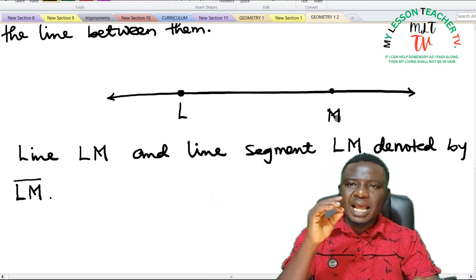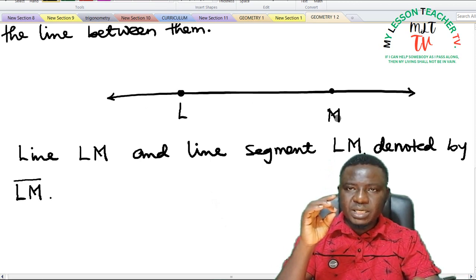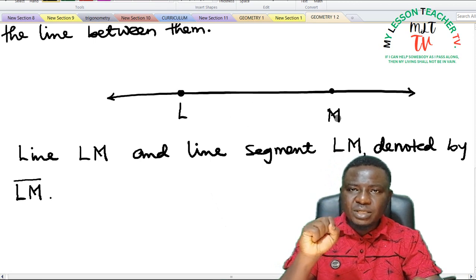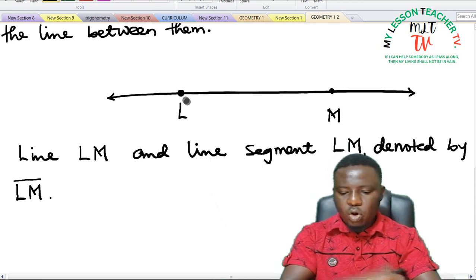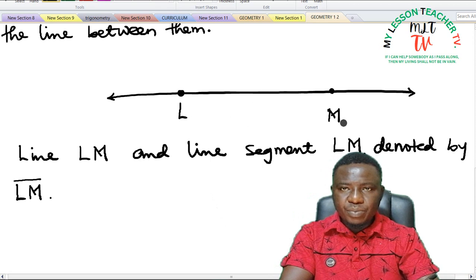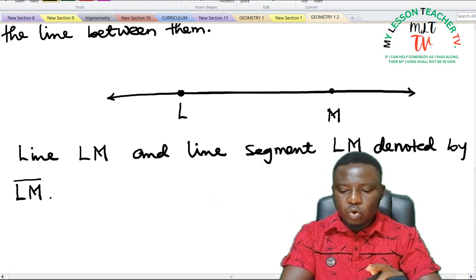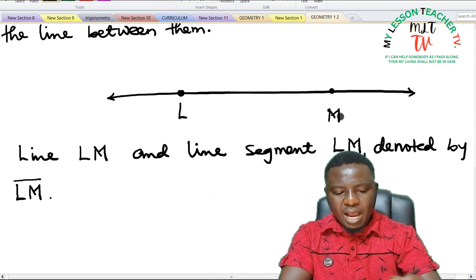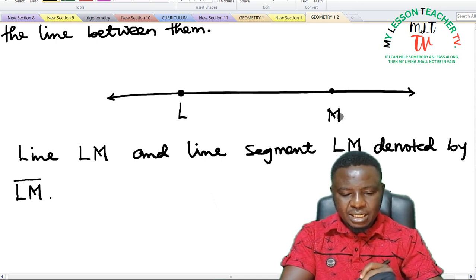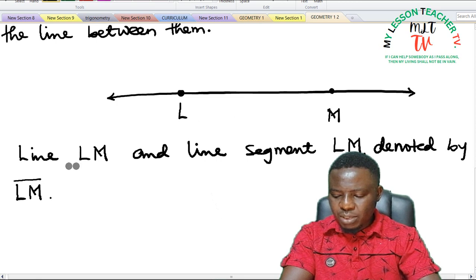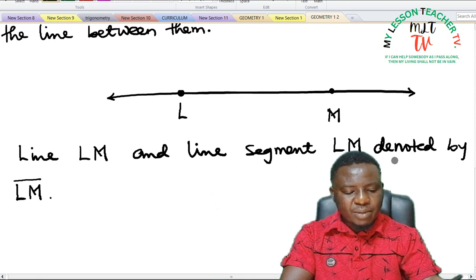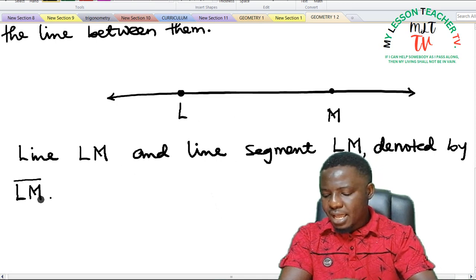Just like I said, a line segment is said to be a fraction or a piece of a straight line. So line LM is said to be a line segment. It starts from L and ends at M. So we say line segment MN, denoted by LM with a bar.